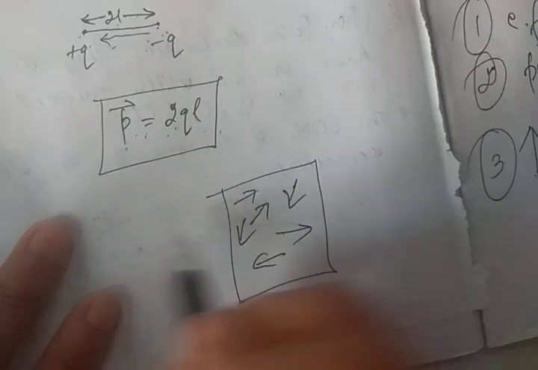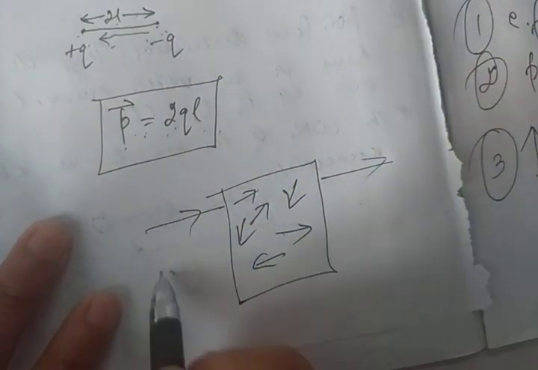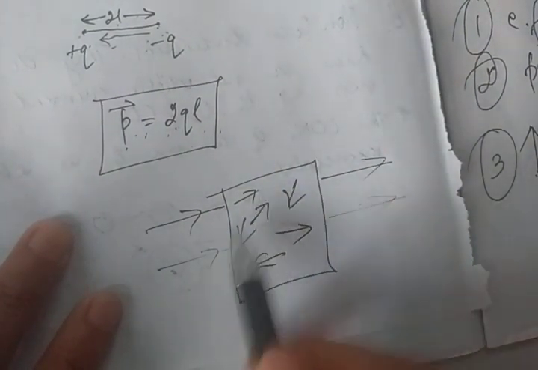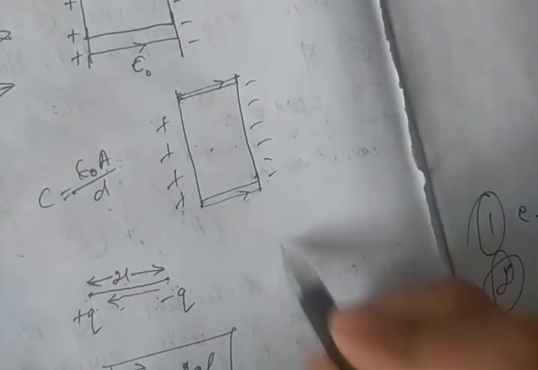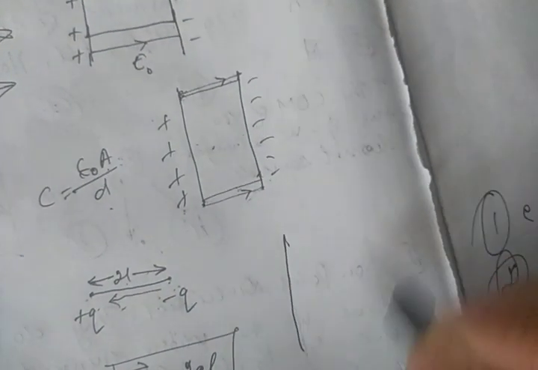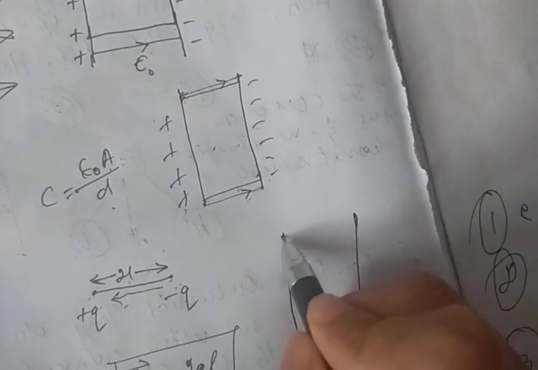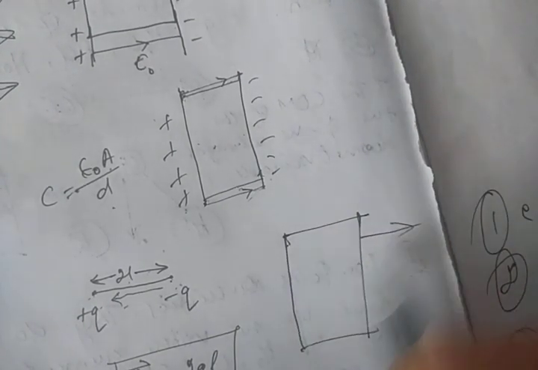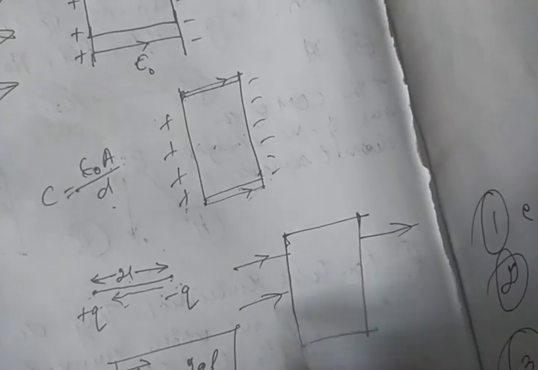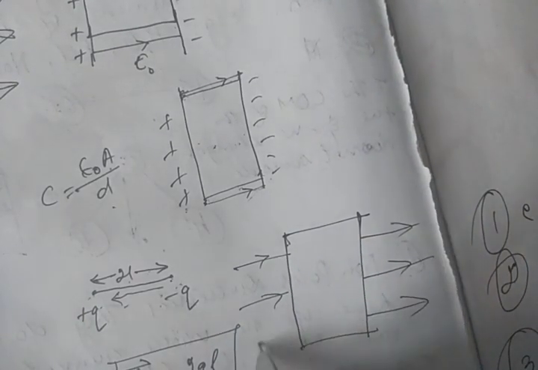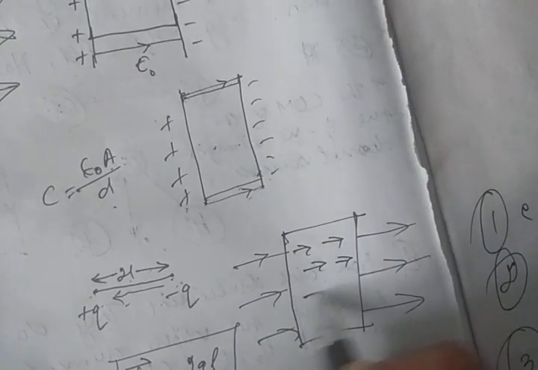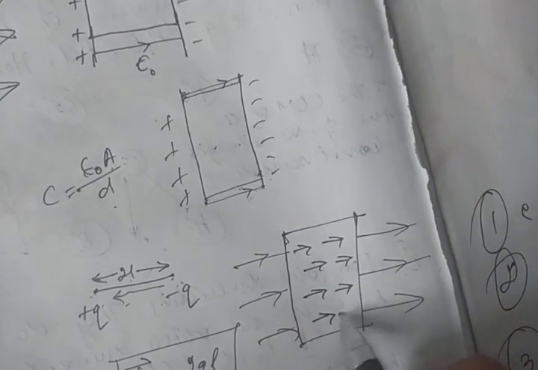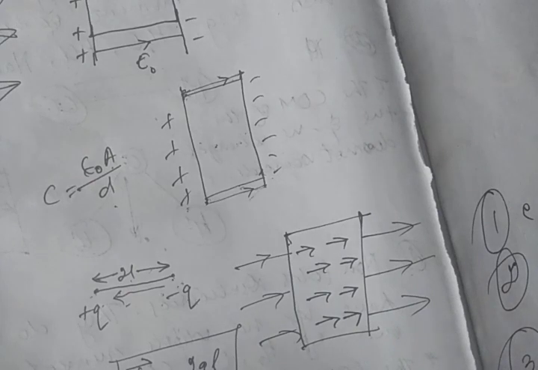When you place it in an external electric field, all of these individual dipole moments get aligned in a certain direction. This is what happens in the case of polar dielectrics.